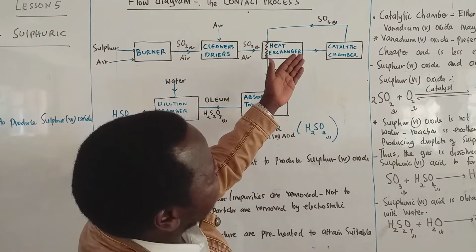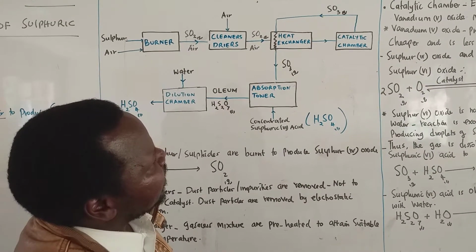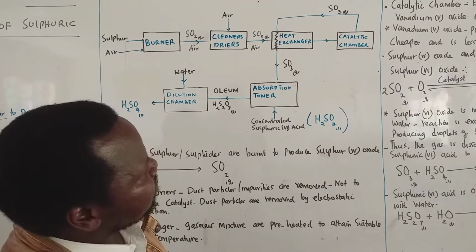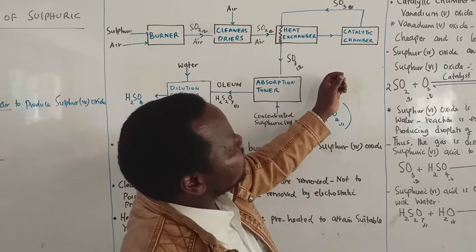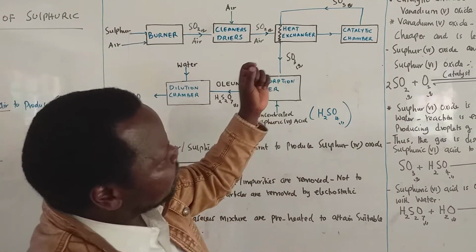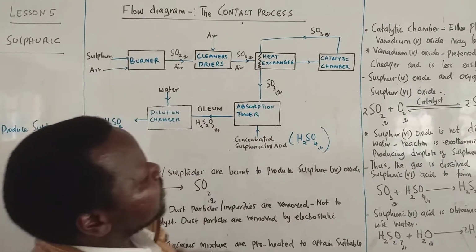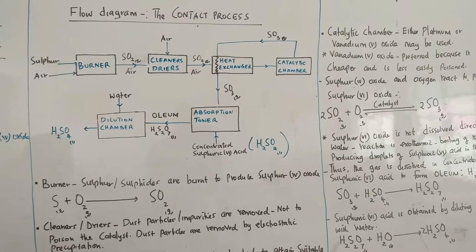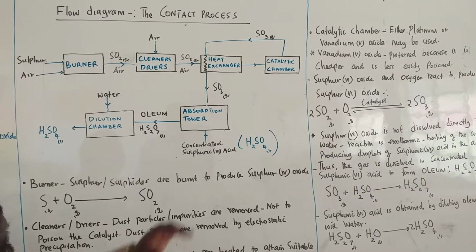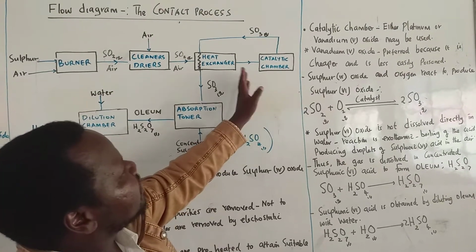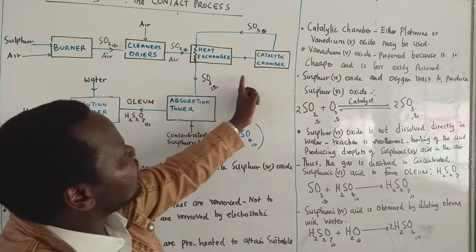The first type that can be used is vanadium 5 oxide, and the other one is platinum. However, vanadium 5 oxide is the most preferred because it is cheaper and less easily poisoned. In this catalytic chamber, you have the conversion of sulfur 4 oxide to sulfur 6 oxide.